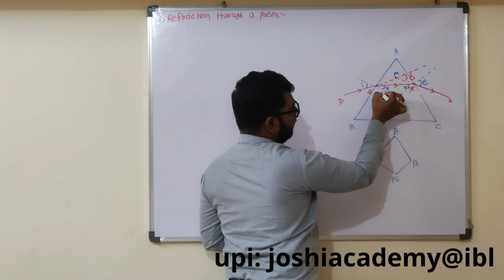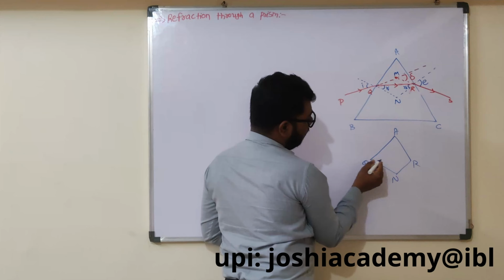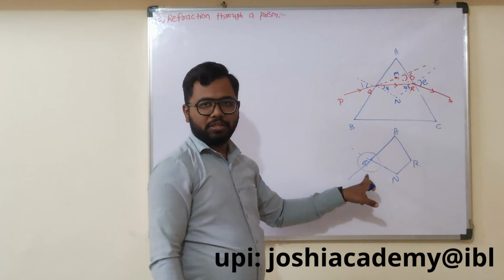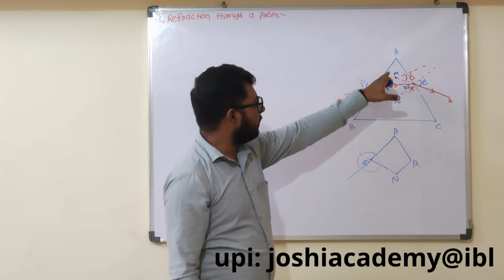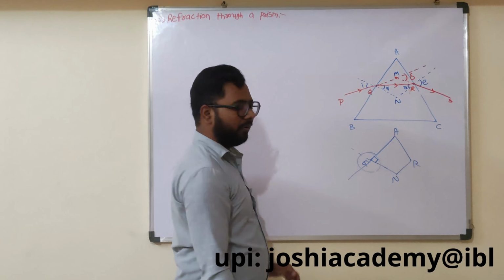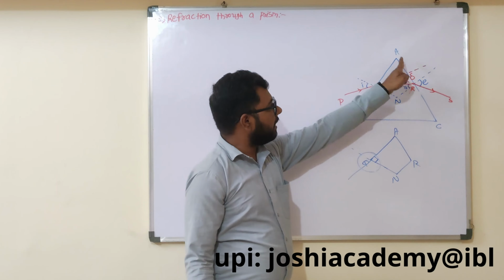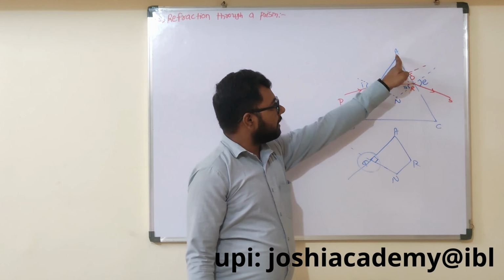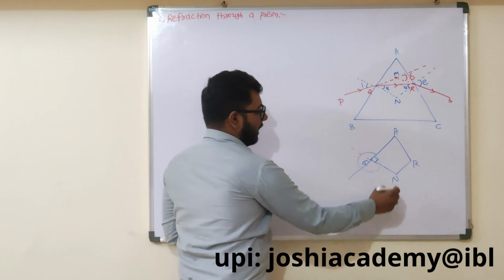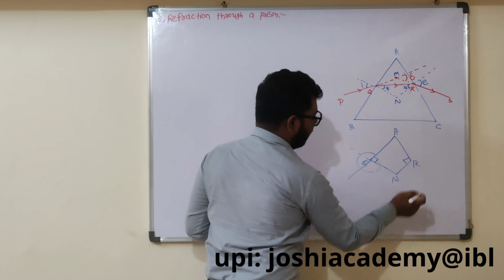Here you can see one thing. The angle Q is nothing but the normal on the side AB. So that means that this angle will be a right angle. Similarly, on the right hand side, R is nothing but the normal on the side AC. That means R will also be a right angle.